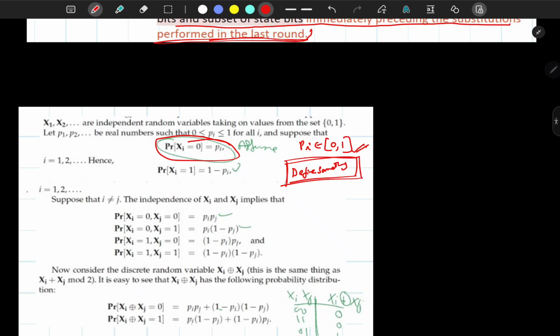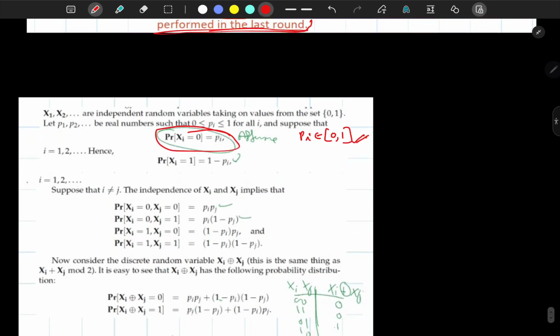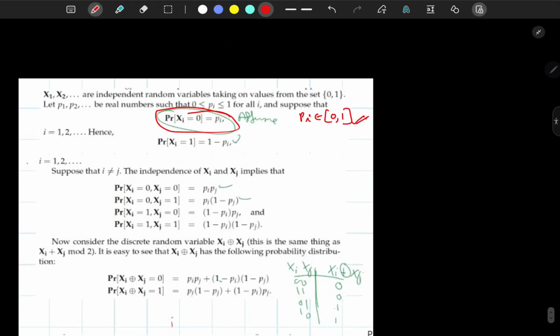From that we will draw the conclusions step by step. If you don't understand something in the conclusions, then you have the right to ask. This is what we follow in any mathematical logic.